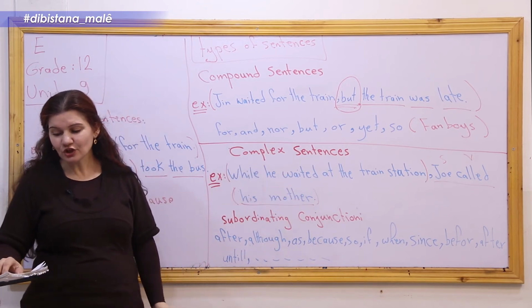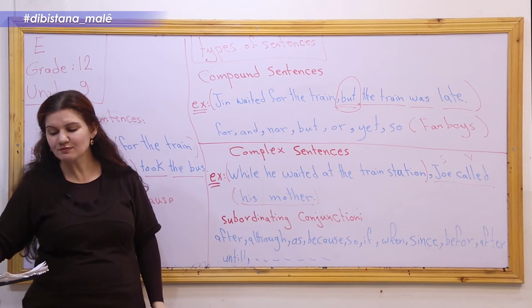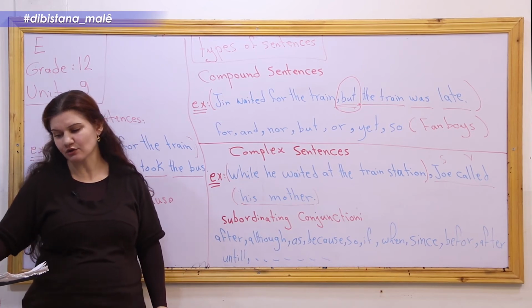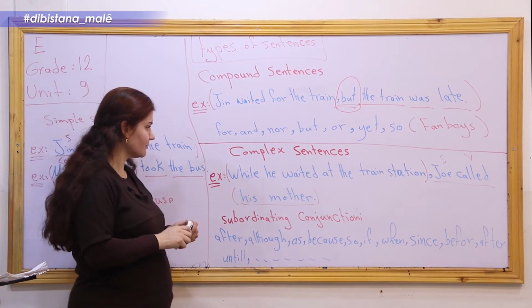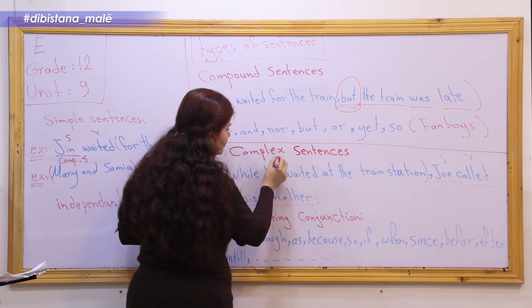When the dependent clause comes first, a comma should always be used to separate the clauses.